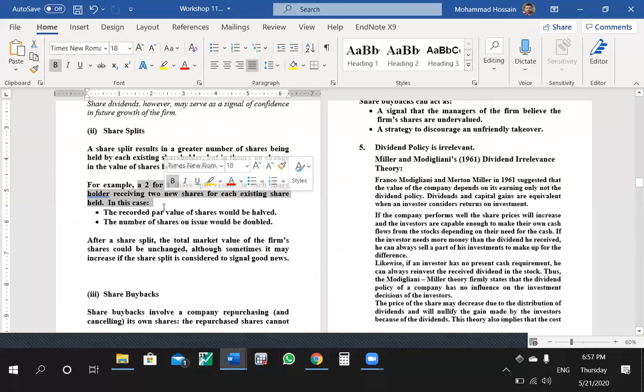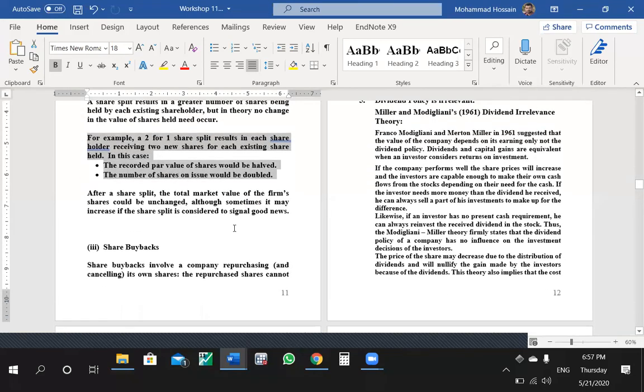In this case, the recorded par value of shares would be halved. The number of shares on issue would be doubled. So share price will actually be going down. The par value of the share will be going down.